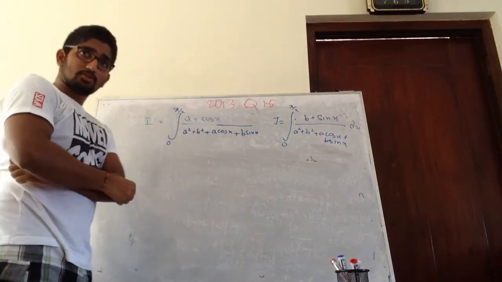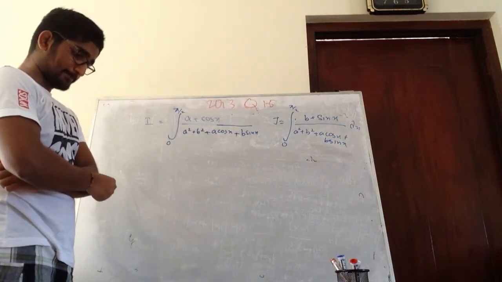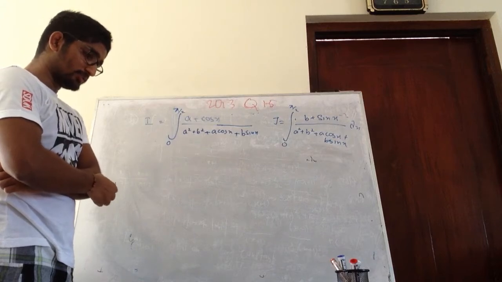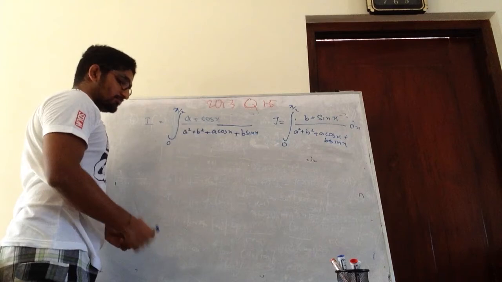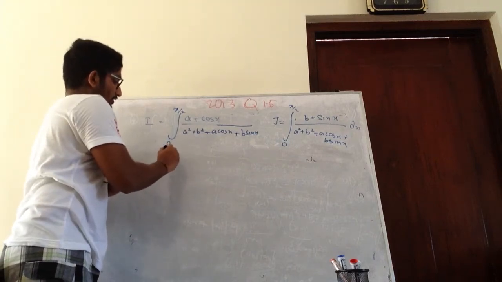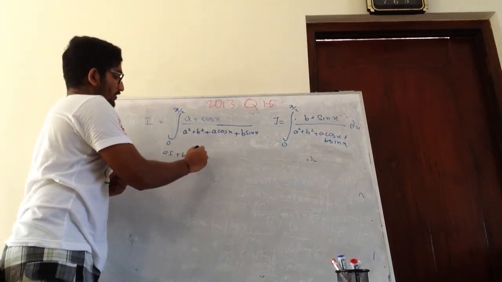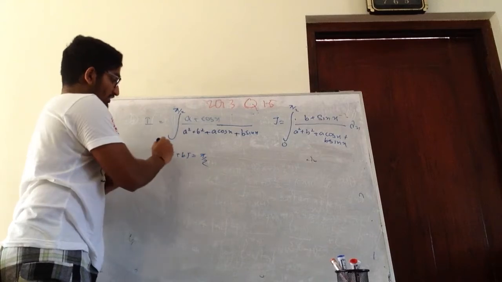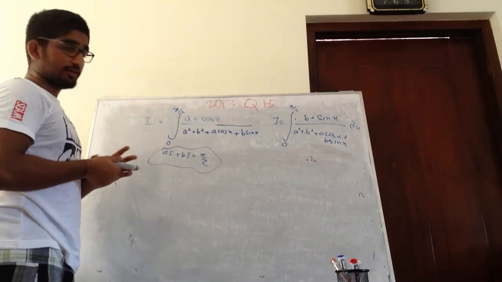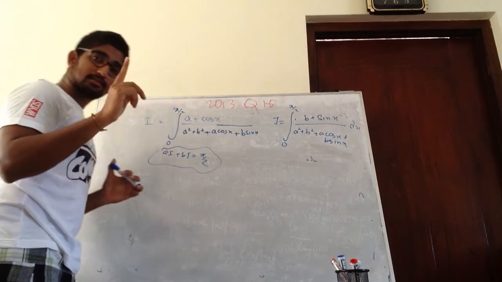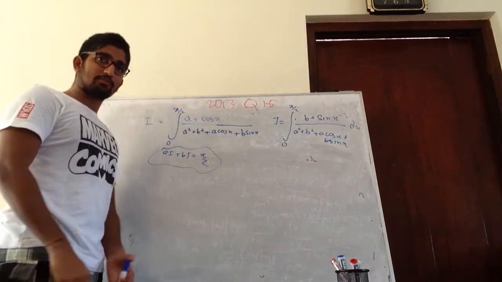So they are asking us to show that aI plus bJ is 5 over 2. This is what they are asking. Right? There's one thing that you all need to remember.